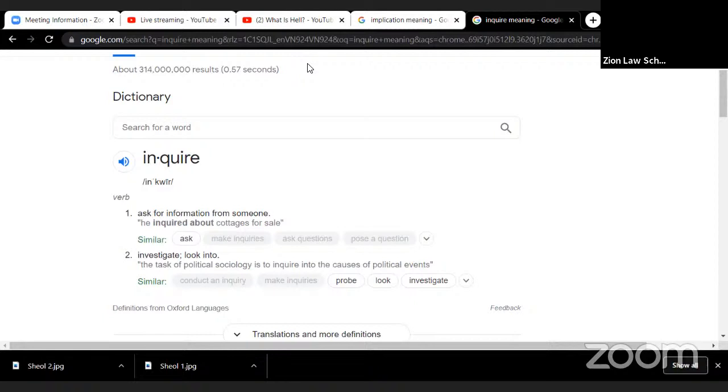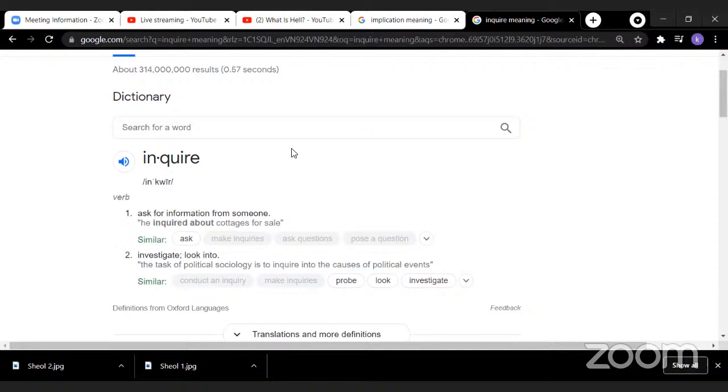It's on the bottom left side of the page. 7592. Okay, I have it. Okay.